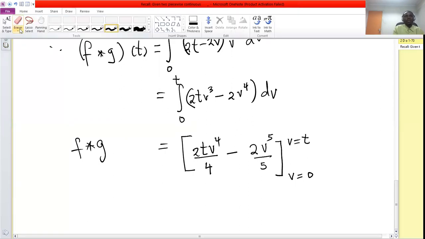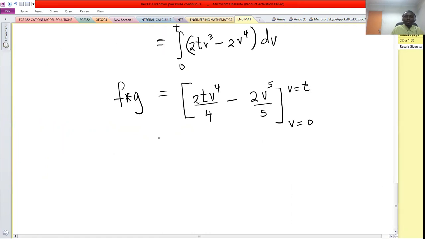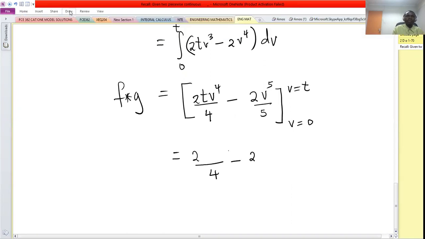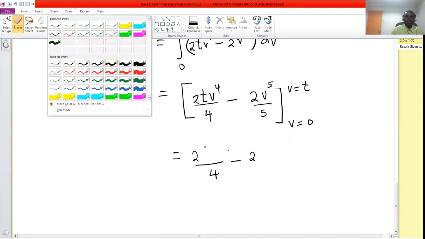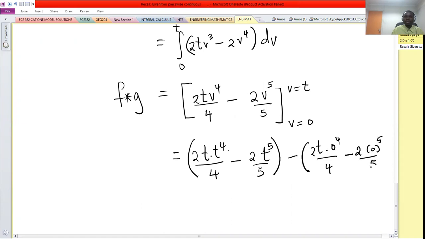So putting in the limits of integration, the upper limit will give us: where there's v we put t, so 2t times t power 4 over 4 minus 2t power 5 over 5, minus the lower limit, which is 2t times 0 power 4 over 4 minus 2 times 0 power 5 over 5.